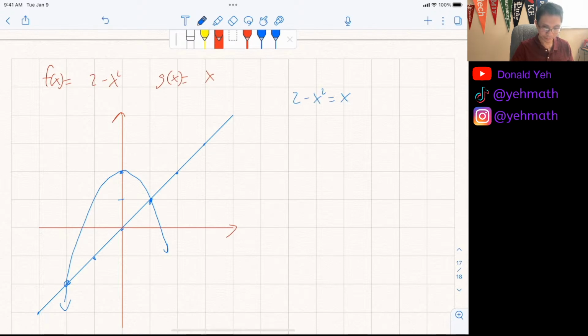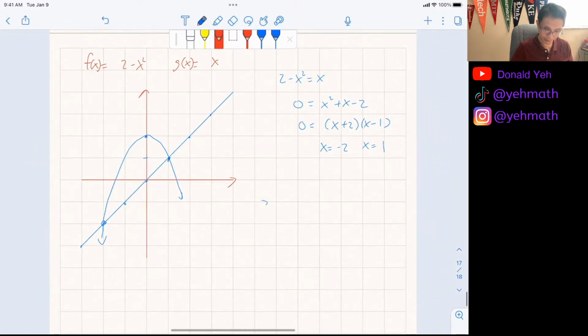Then you move to the other side, so it'll be x squared plus x minus 2. Did you factor it? x plus 2 and x minus 1. So x equals -2, x equals 1. Do you guys do that? Okay, so then that's going to be the integration of what, from -2 to 1? Which one's on the top?